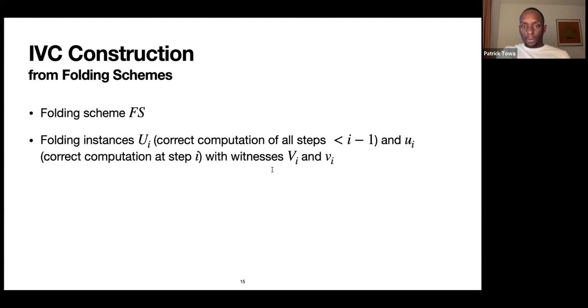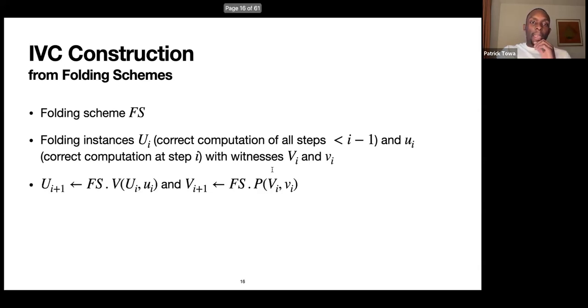And they have their corresponding witnesses. Those are actually going to be part of the proof pi i that the prover gets as advice. And from it, what one is going to do is to fold the two, basically checking the satisfiability of capital Ui and lowercase ui into just one instance, capital Ui plus 1, and this is where folding seems useful.